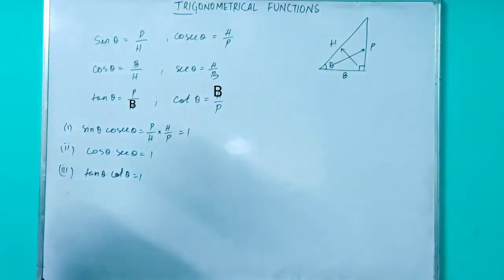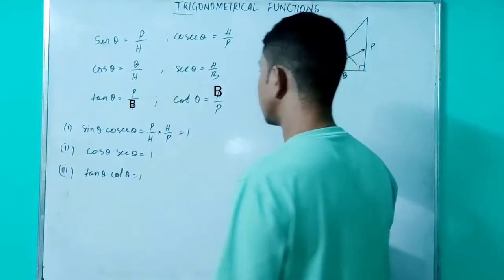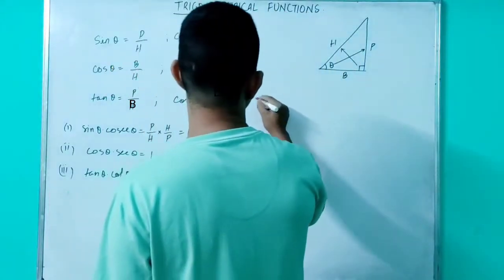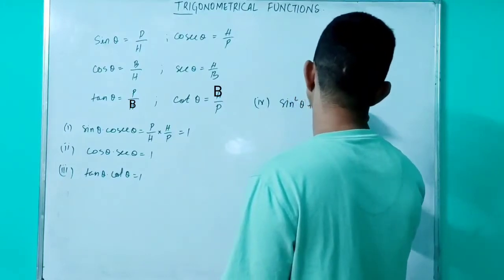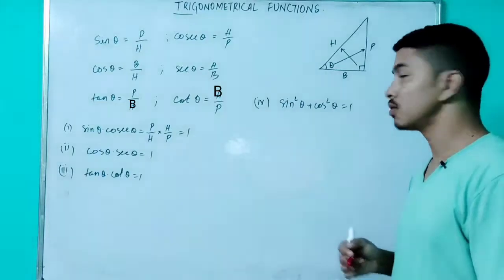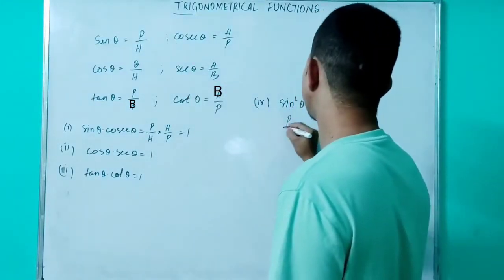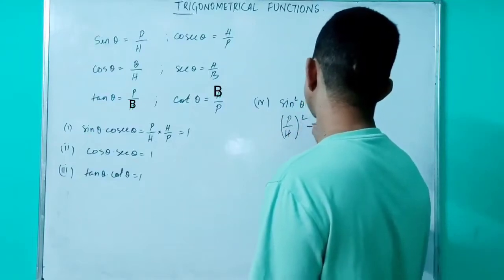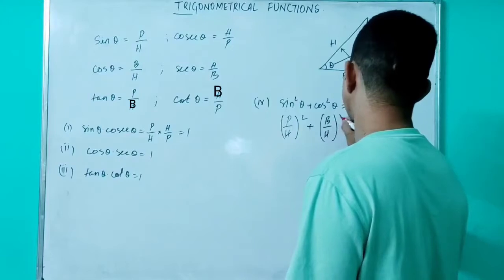Now the next formula, a very important and very basic formula, the fourth formula, is sin square theta plus cos square theta equals 1. If you are asked to prove how this formula is valid: sine means perpendicular by hypotenuse, whole square, plus cos means base by hypotenuse, whole square.